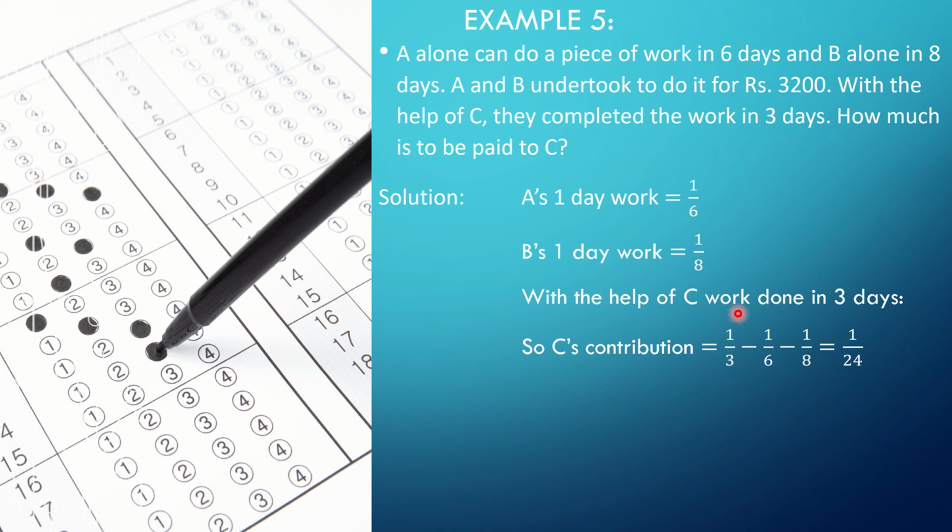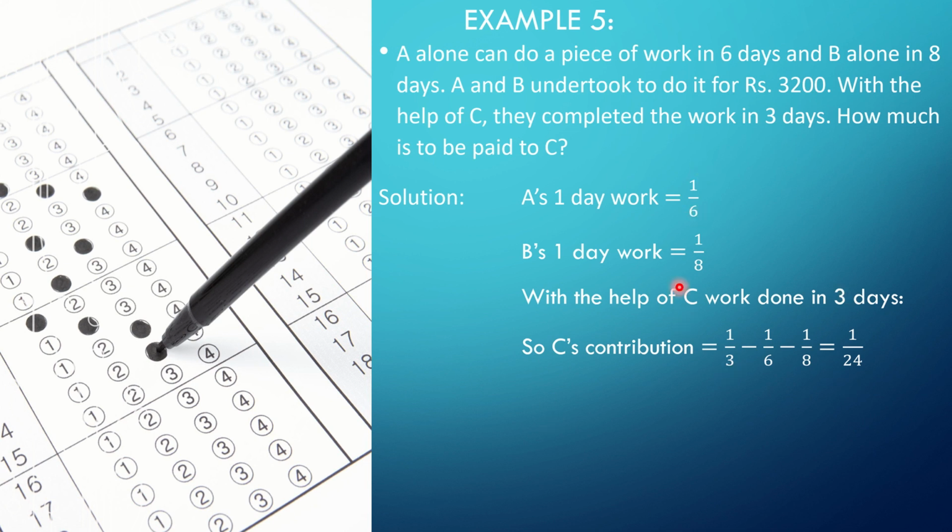We simply subtract the contribution of A and the contribution of B from the total work done. That will give you the contribution of C. So in this case, the contribution of C is 1 by 24.